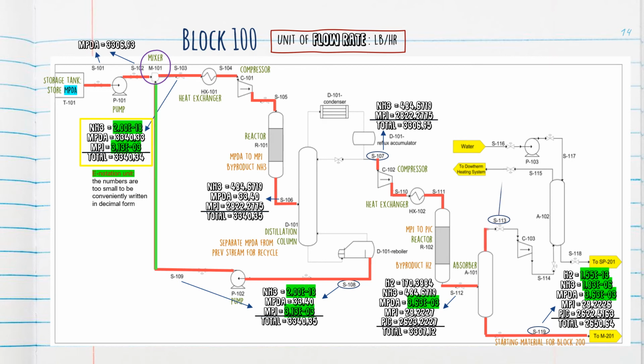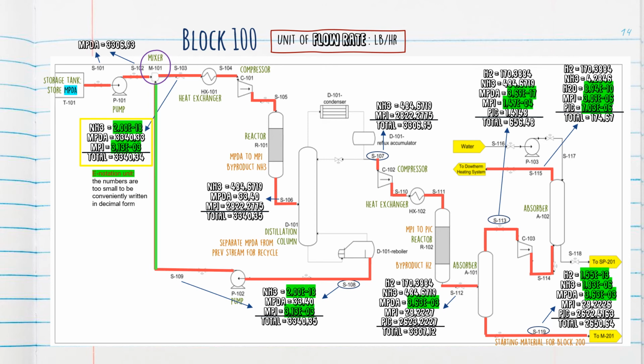Meanwhile, the flow rate of S113 will continue to pass through the second absorber, and we can see at S115, which is the resulting stream from the absorber, it shows that the flow rate of ammonia is decreasing. This is because the ammonia is being absorbed in the absorber, so it is only left with hydrogen flow rate.